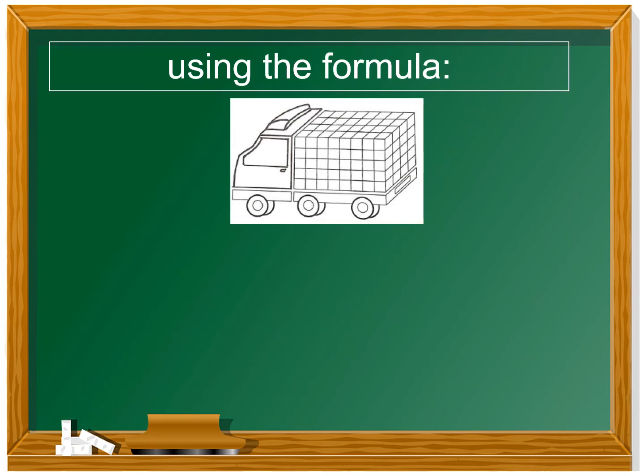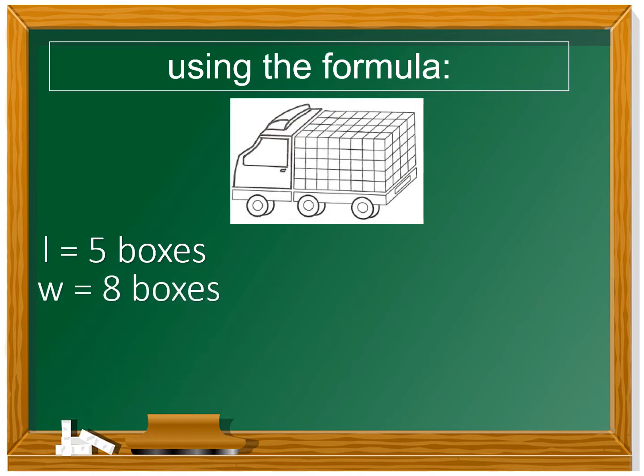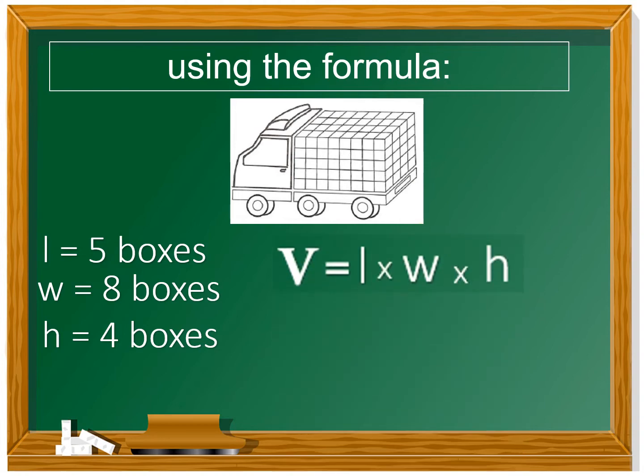This time, let us use the formula. Length is equal to 5 boxes, width is equal to 8 boxes, and height is equal to 4 boxes. Since we have different measures of each side, length, width, and height, we will use the formula in finding the volume of a rectangular prism. Volume is equal to length times width times height.